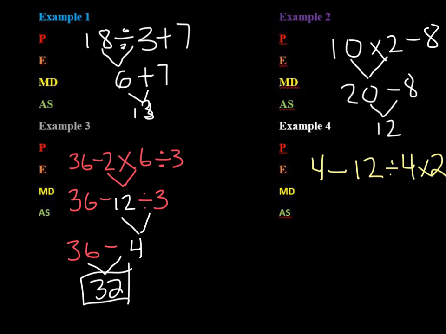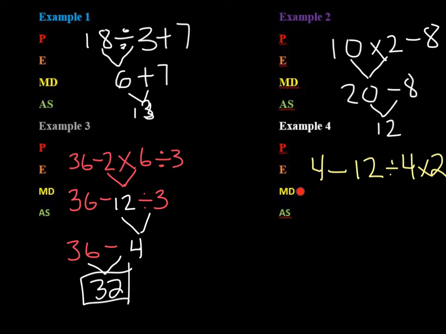Alright, welcome back. So let's check your answer with mine. The P. Let's see if there's any parentheses. No parentheses. Check if there's any exponent. Nope, no exponent here, or here, or here.